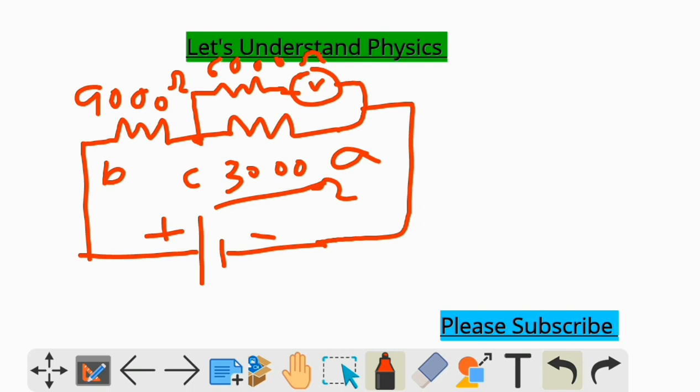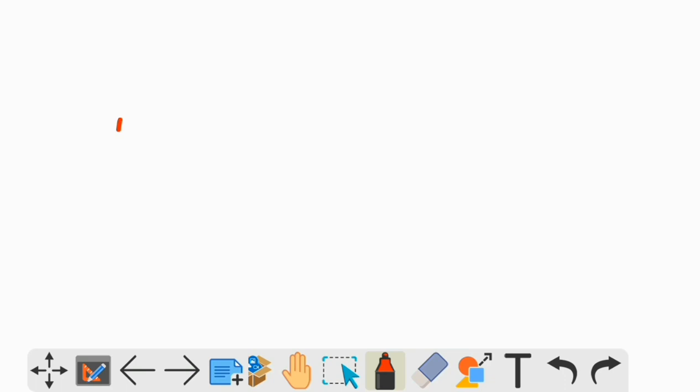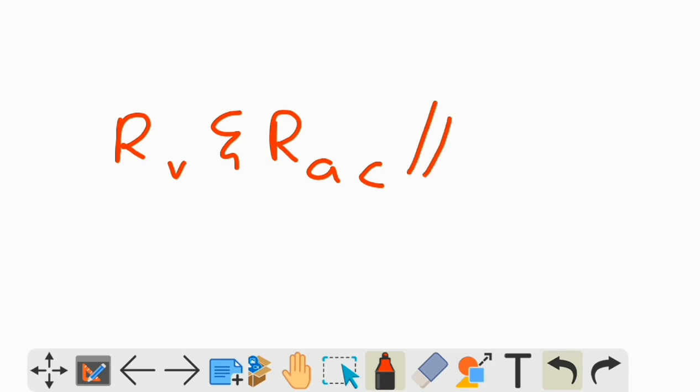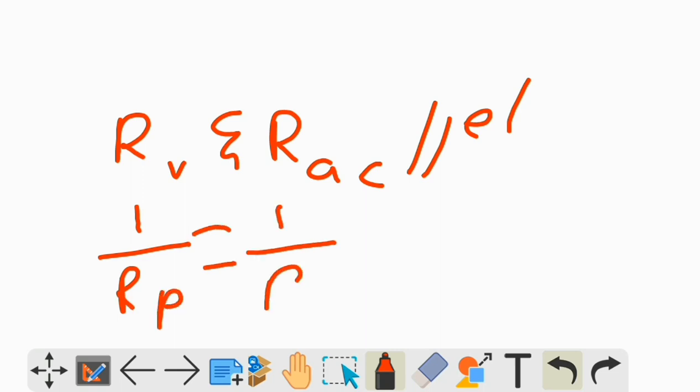Let's simplify. RV and RAC are in parallel combination. So 1 by RP equal to 1 by R1 plus 1 by R2, isn't it?